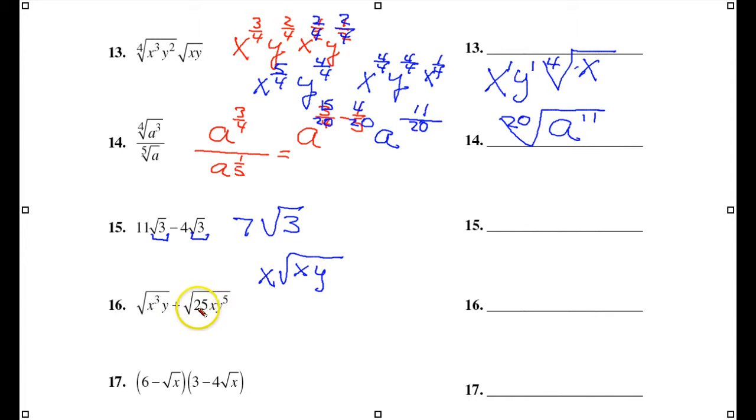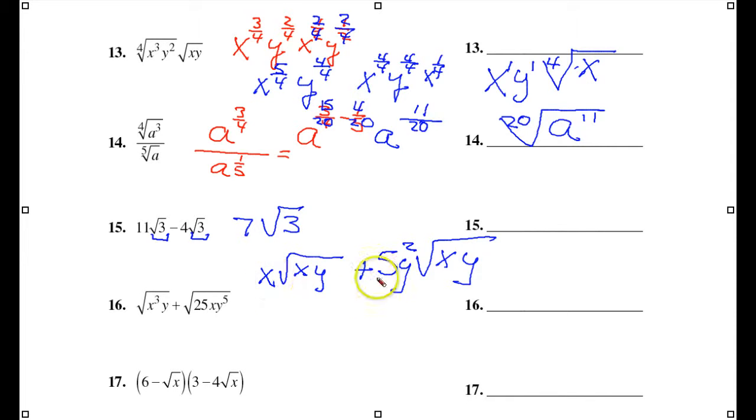So 5, square root of 25 is 5. Now, under the radical sign, we're going to have an x there. We're going to take out y to the 4th, which becomes y squared, and we're left with a y underneath.